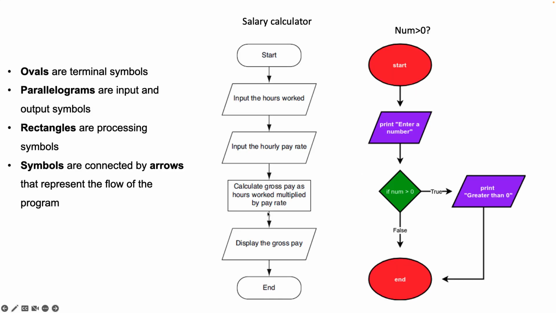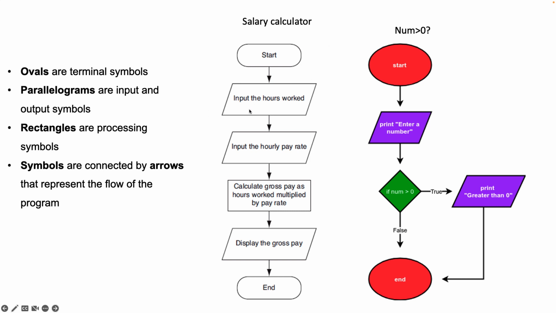Imagine we had this example. I just brought this information again for your review. We had an example of calculating salary. First, as I mentioned, we use ovals as terminals, so we have the start and end of the program. We also have parallelograms that show the input and output symbols.